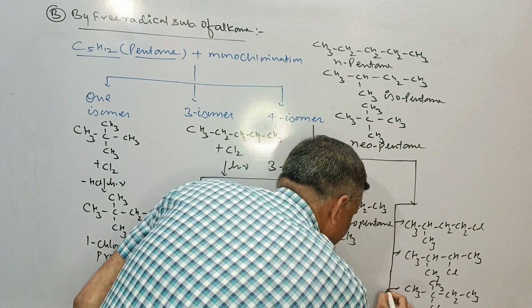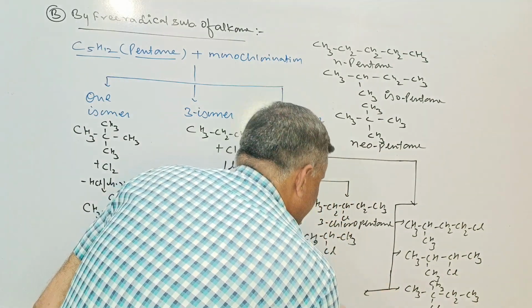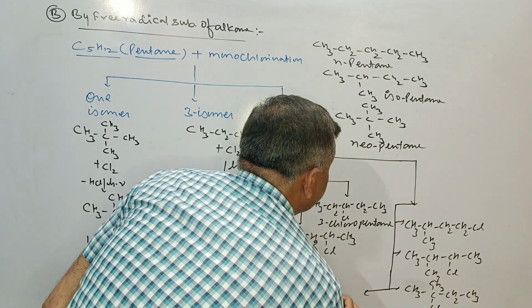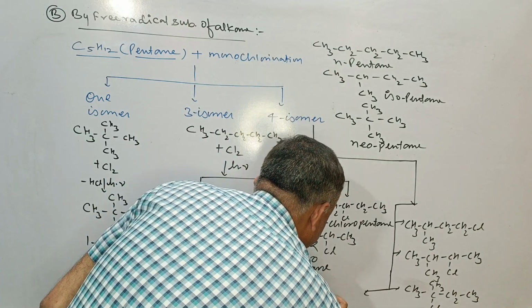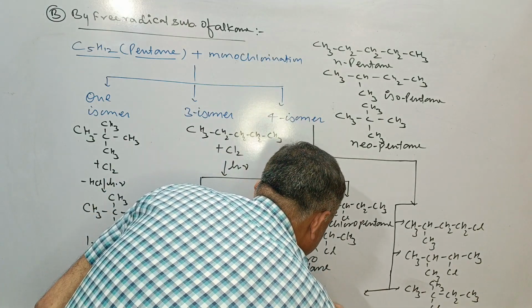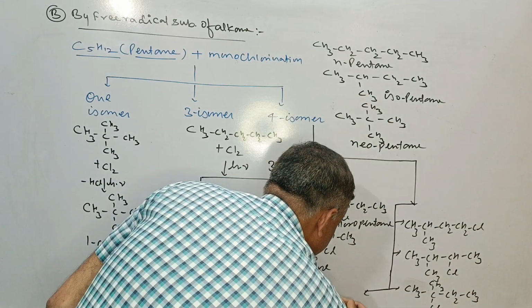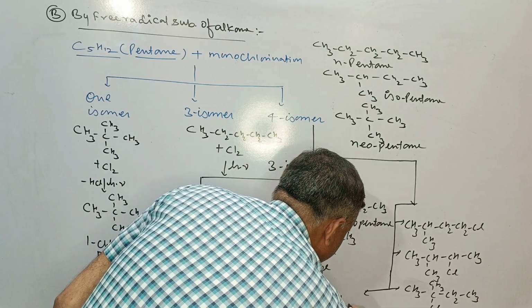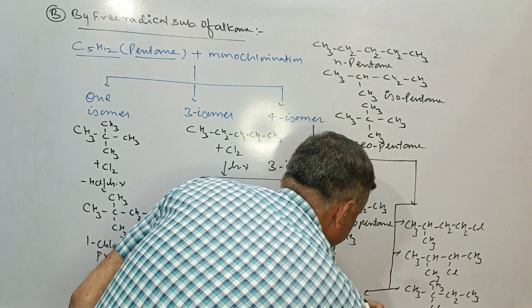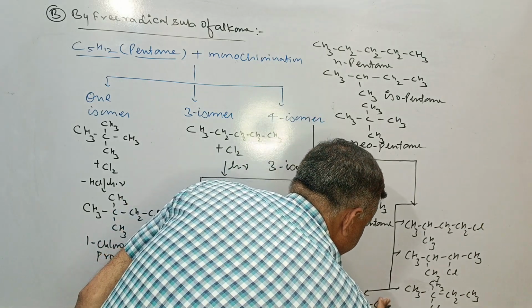Now the final isomer will be as follows. This is the CH3 for the isopentane, Cl, CH2, this is the CH3, this is the CH2CH3.